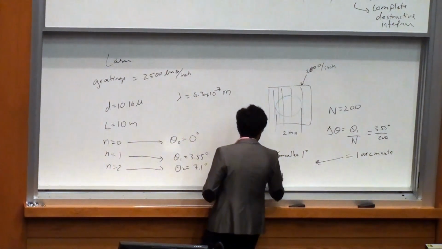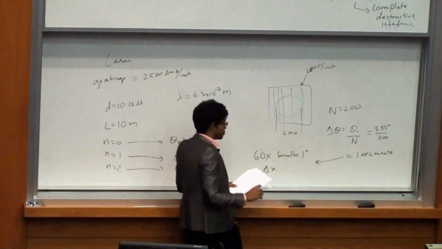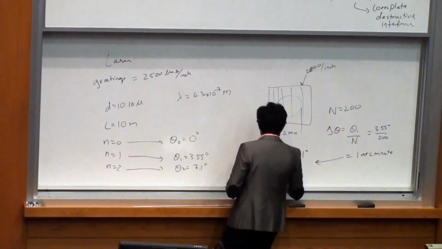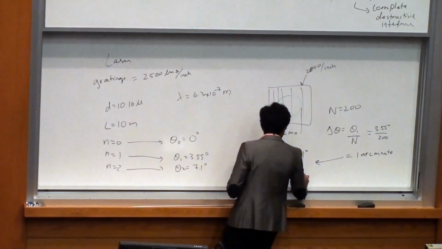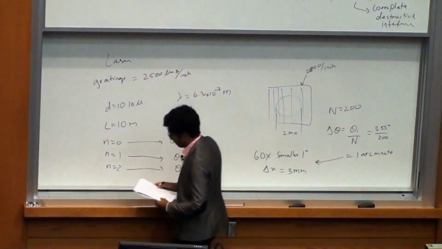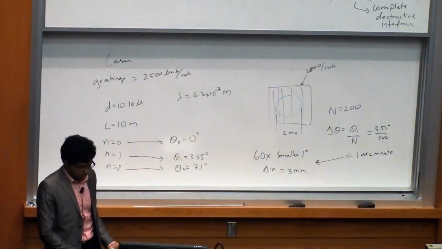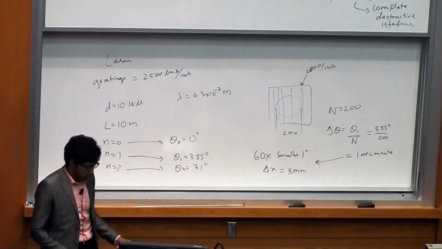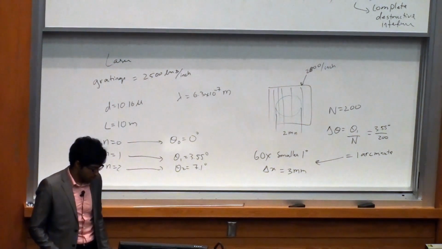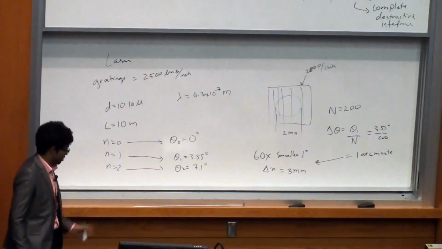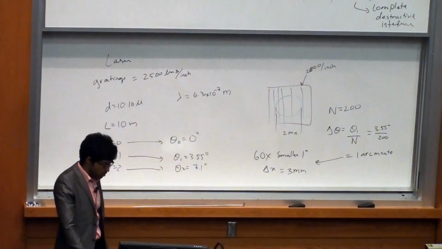If I look at delta x, how wide those projections will actually be, it's going to be around 3 millimeters based on these calculations. It will be larger, but you can't really see this, because the limiting factor here is always going to be the divergence of my laser beam, and we'll get to that again in a bit.